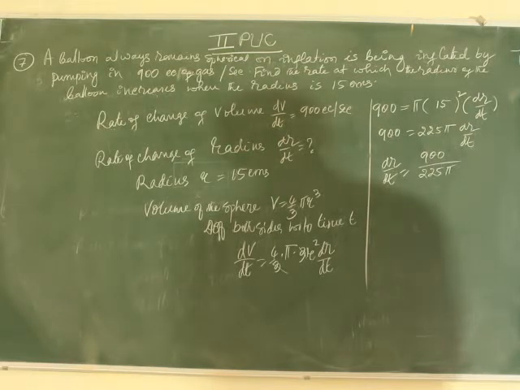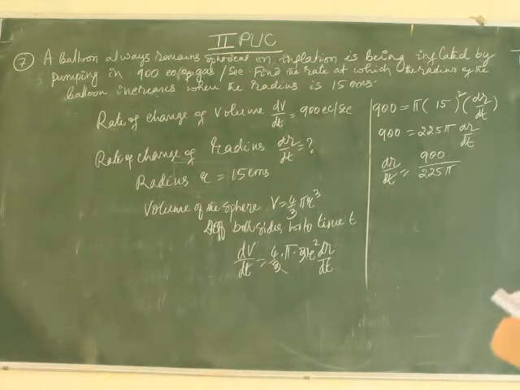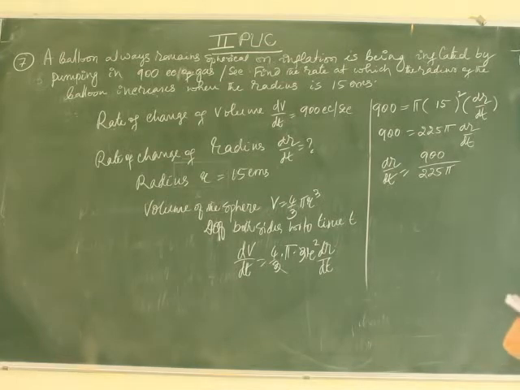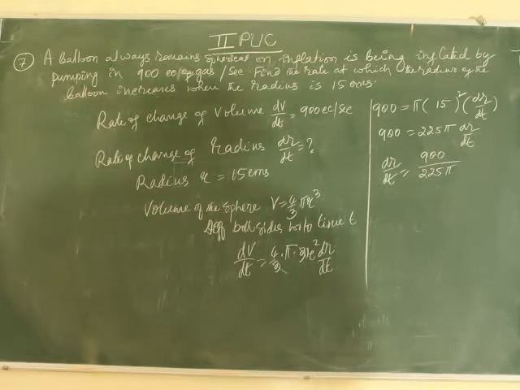Correct, no? Rate of change of volume 900. Find the rate at which the radius changes, dr by dt, when the radius is 15. Volume of the sphere is 4 by 3 pi r cube. 4 by 3, 3r square dr by dt. 4 pi, what happened here? 4 is missing.